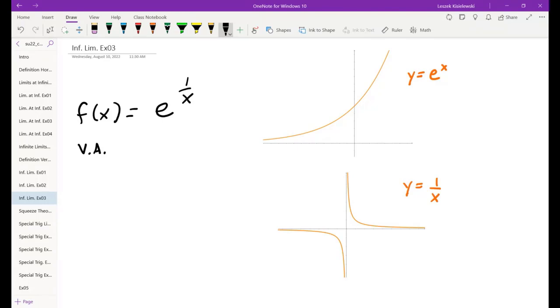Which value of x is this function undefined? 0. That's right. Because even though that 1 over x is in the exponent, dividing by 0 is still undefined. So x equals 0 is not in the domain. It's a candidate for a vertical asymptote. So the candidate here is x equals 0.